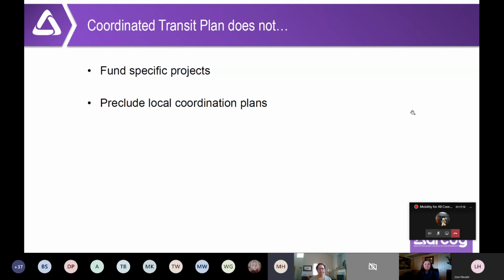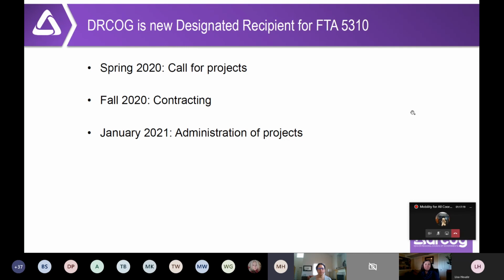So next slide. This is just a little bit of information about DRCOG being the designated recipient for 5310. We have a call for projects out right now, and we anticipate contracting in the fall of 2020 and starting those projects in January of 2021. Next slide.